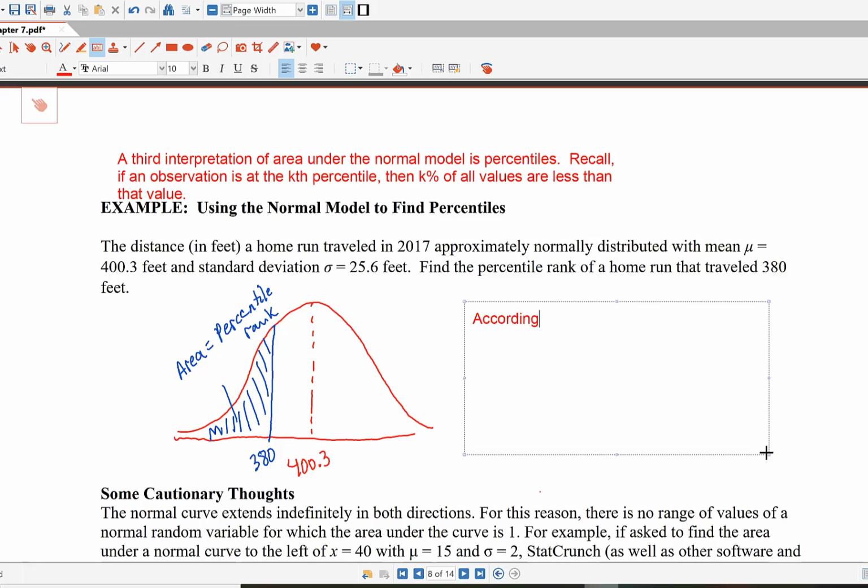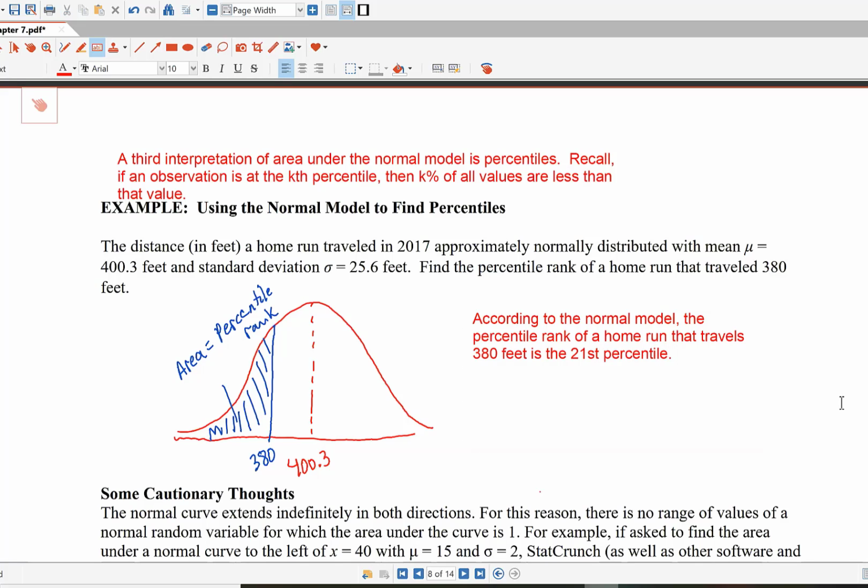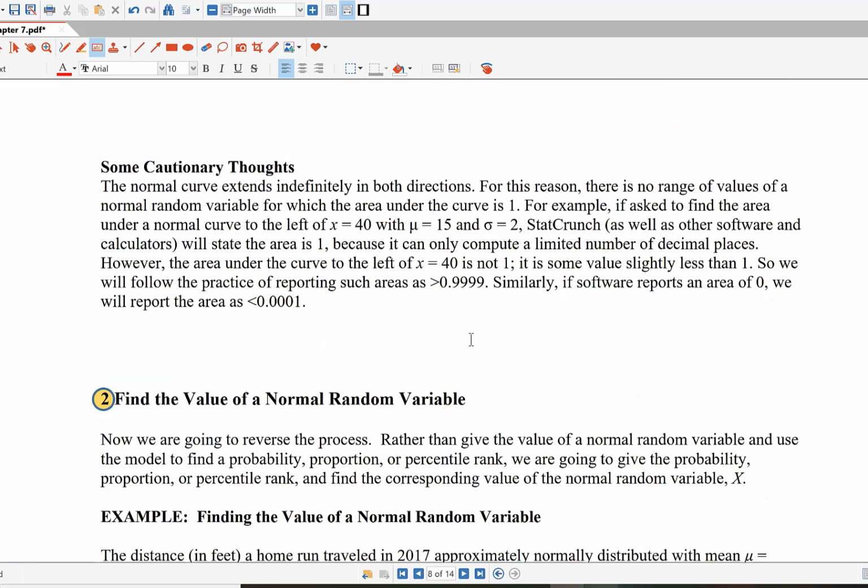So according to the normal model, the percentile rank of a home run that travels 380 feet is the 21st percentile, because the area under the curve to the left of 380 is about 0.21. All right. One last idea, and then we'll reverse the process.